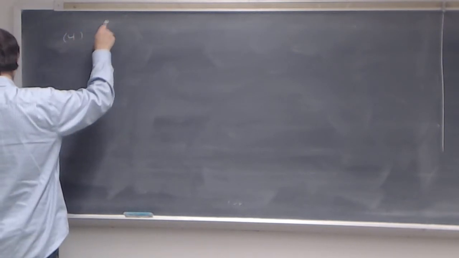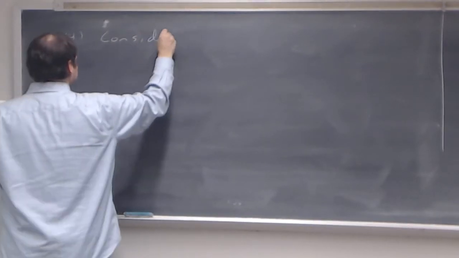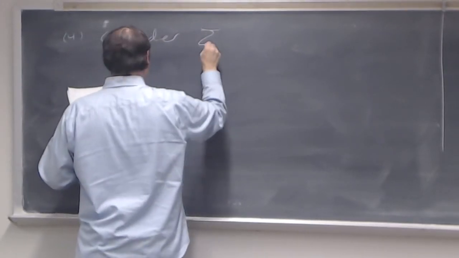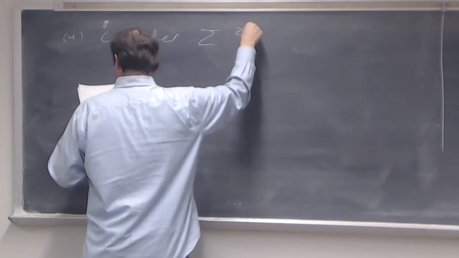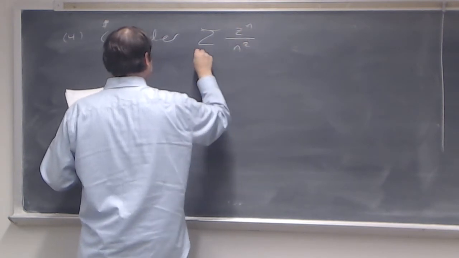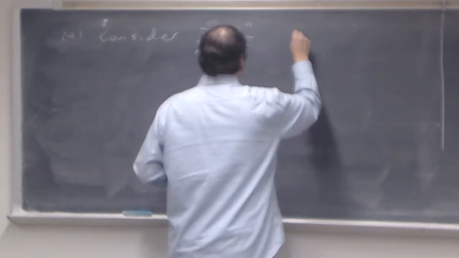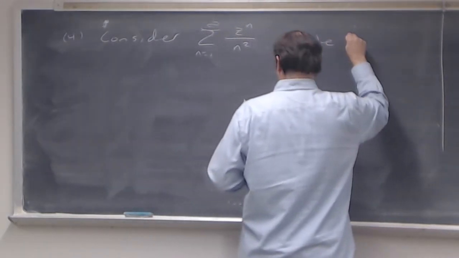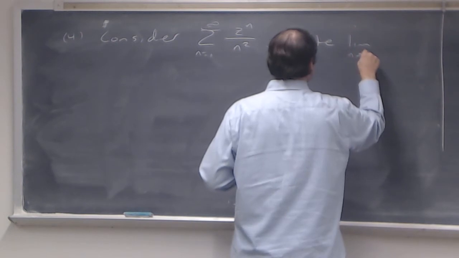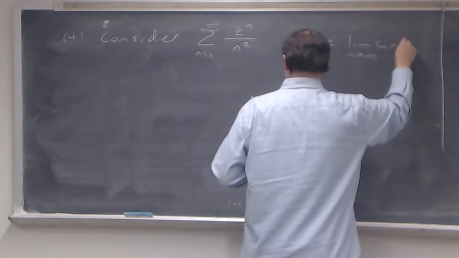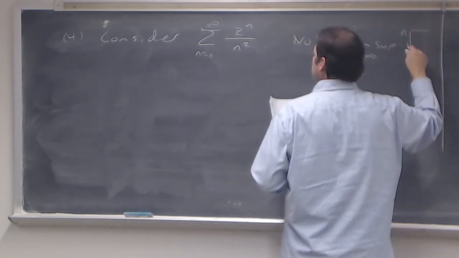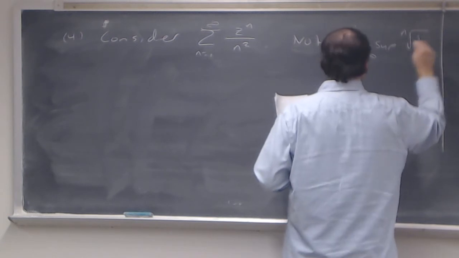So fourthly, let's consider the sum of z to the n over n squared. All right. Well, we want to examine the lim sup of the nth root of 1 over n squared.